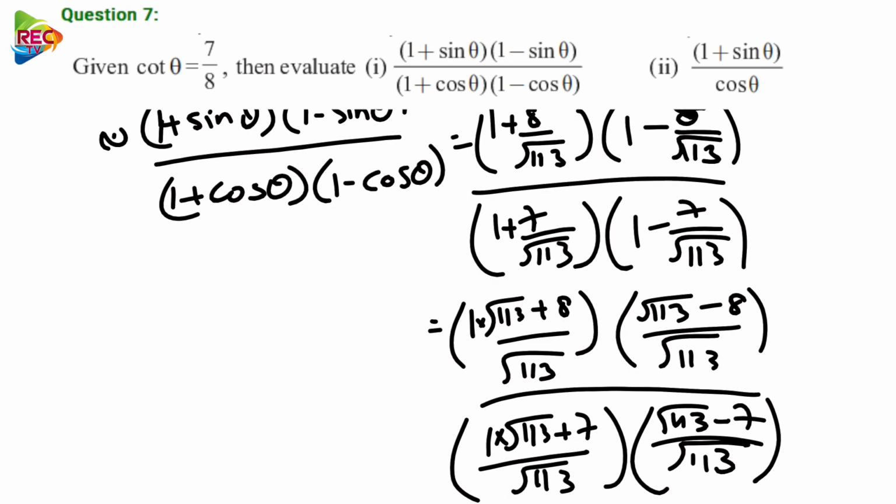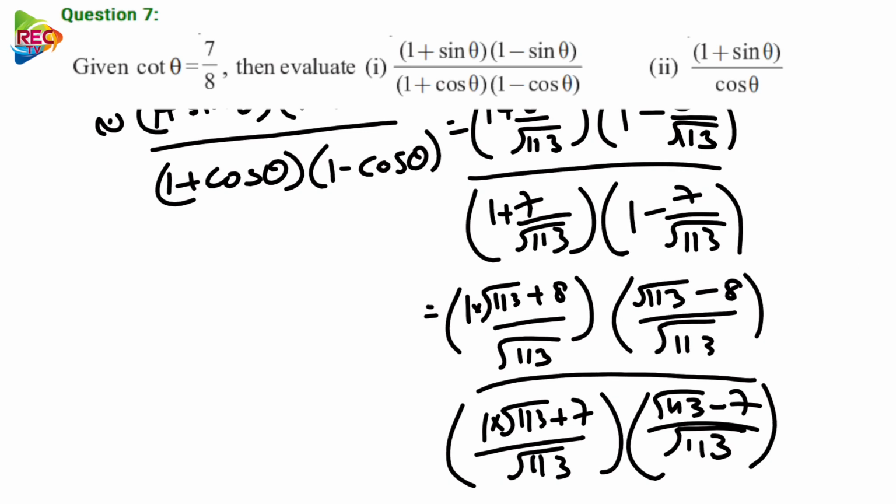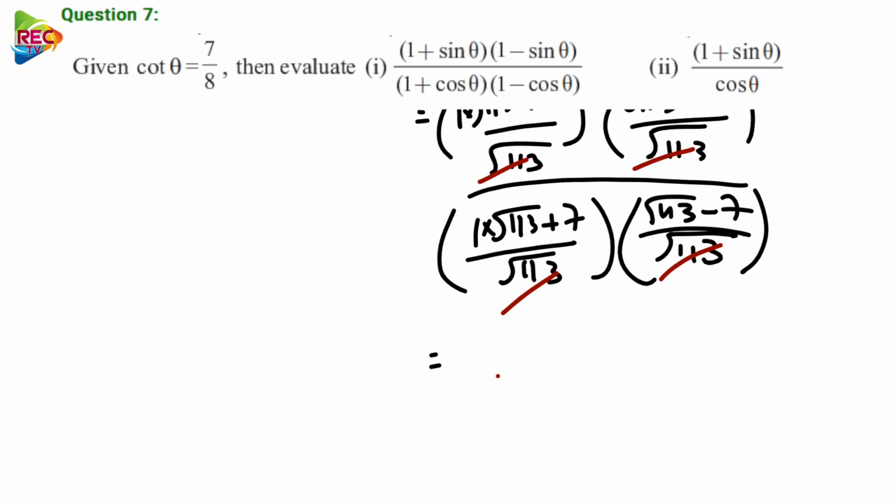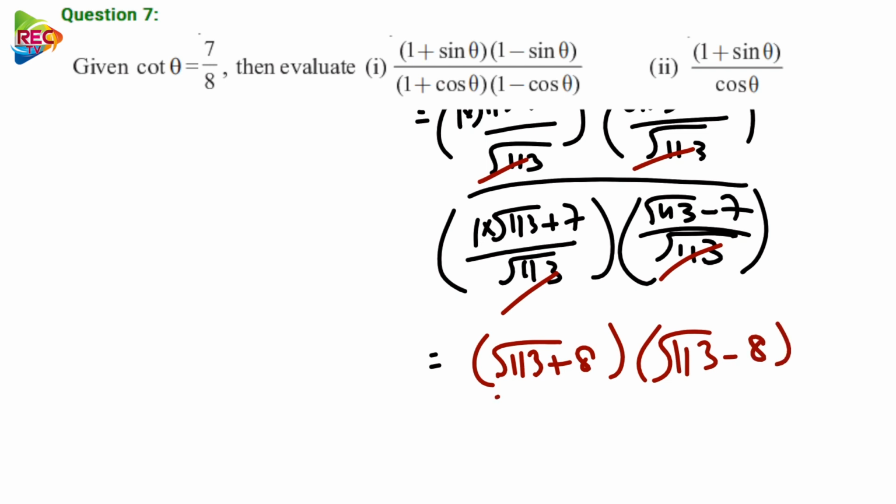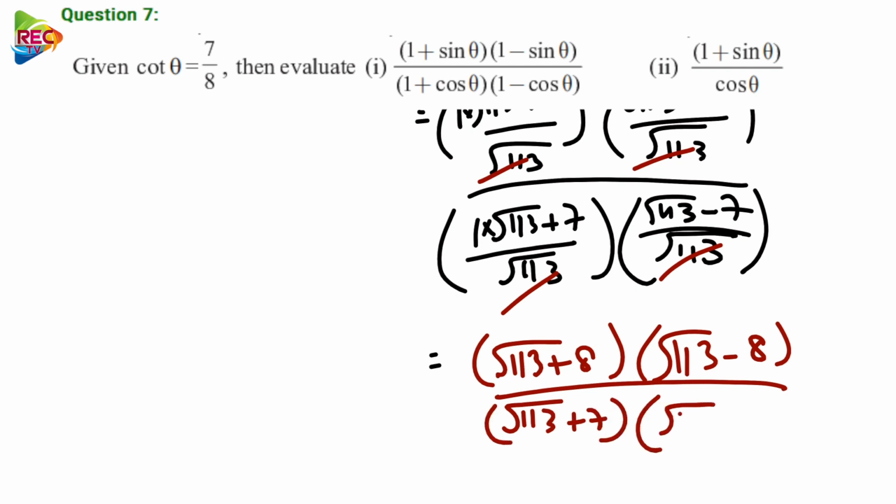So simplify these values. Square root of 113 plus 8 into square root of 113 minus 8, by square root of 113 plus 7 into square root of 113 minus 7.